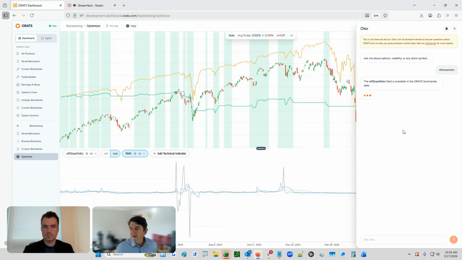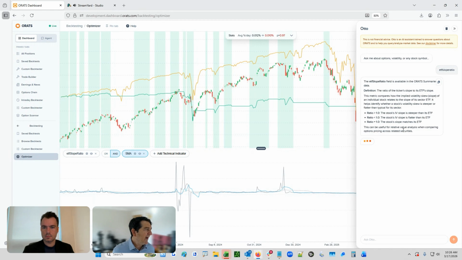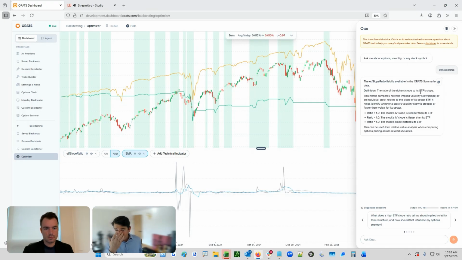So ETF slope ratio, what I think it is, is the slope of like the SPY divided by its best ETF. So it is the ticker slope divided by its ETF slope. And for SPY, what it uses is the Russell or the IWM.